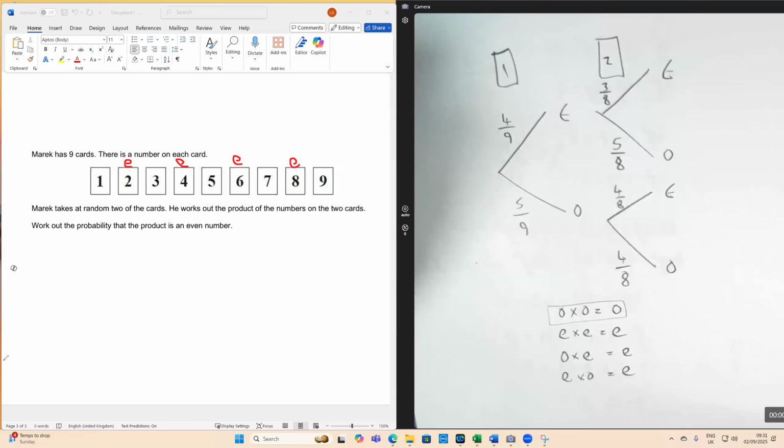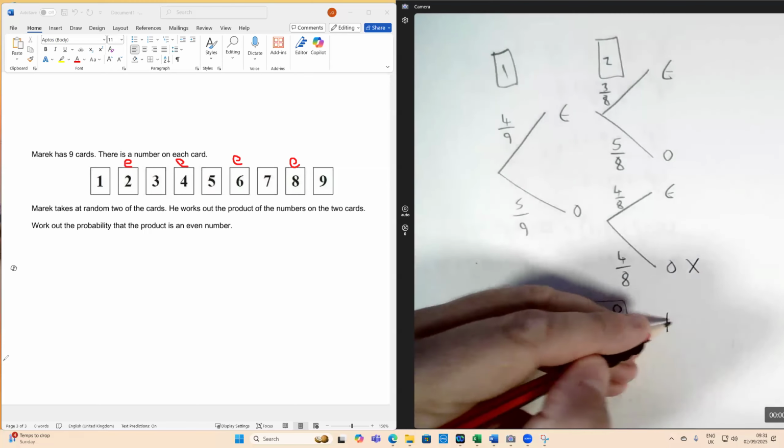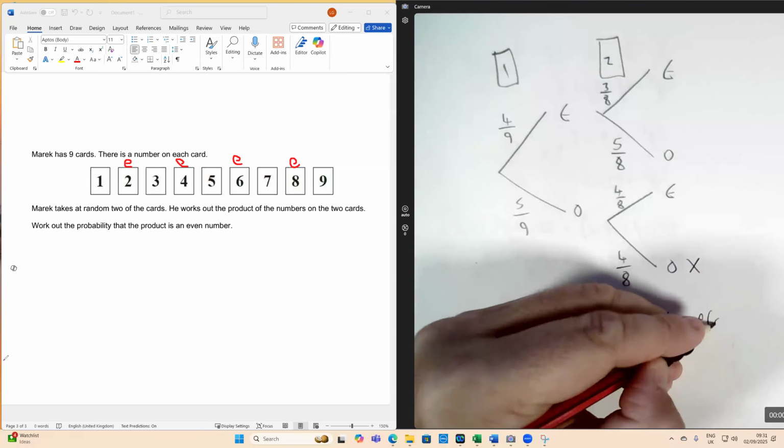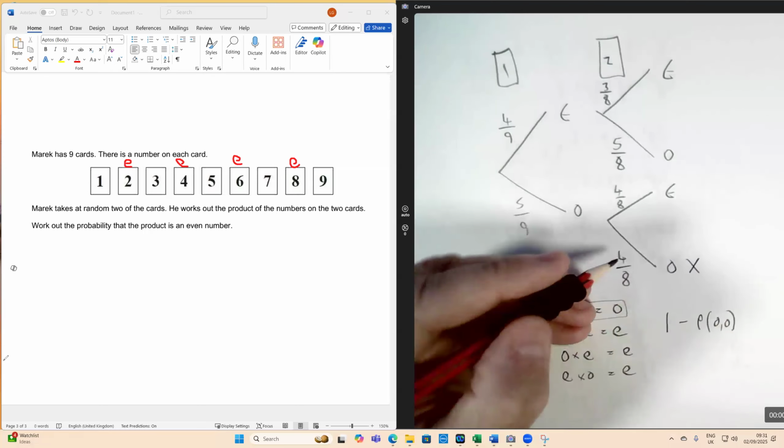So what we need to do then, if we want to work out the probability of it being even, is notice the only branch we can't have is this odd odd. That's the only way we're not going to end up with an even number. So for this question, we need to do 1 take away the probability of odd odd.